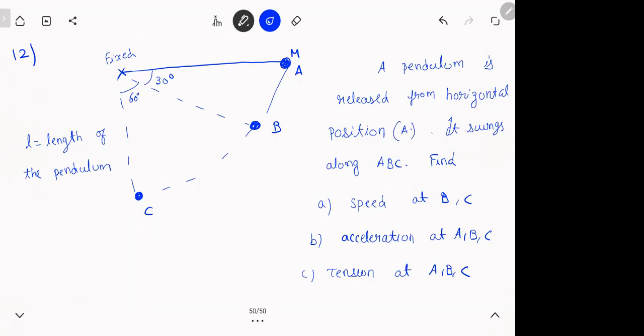Anyone got the speed at B and C? Let me show you.